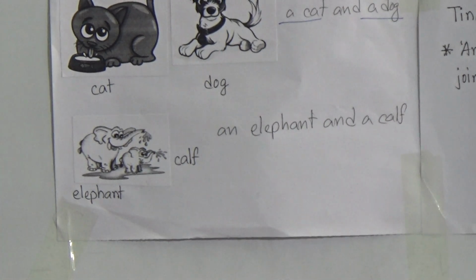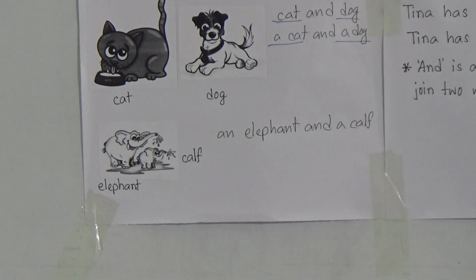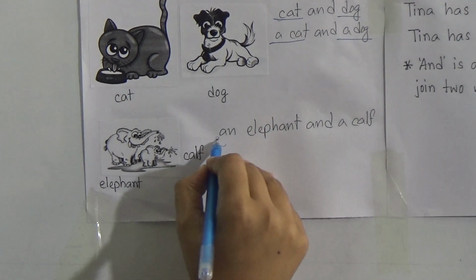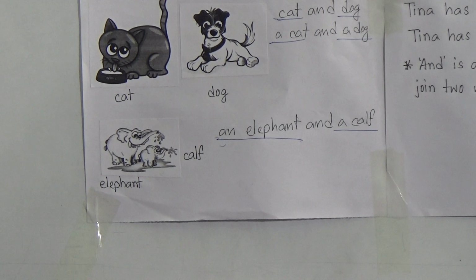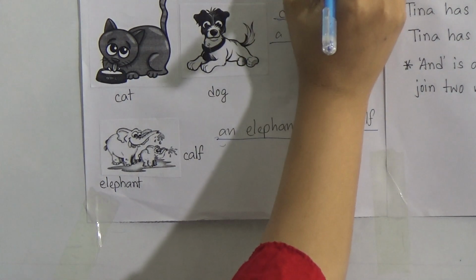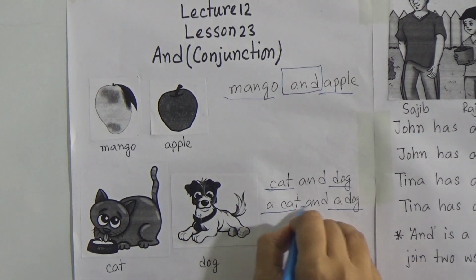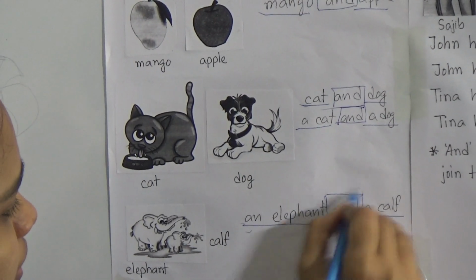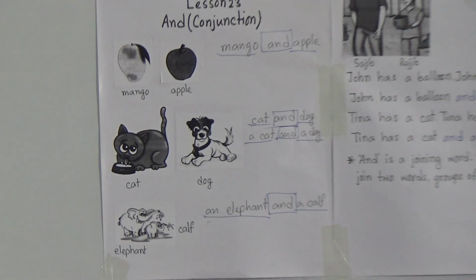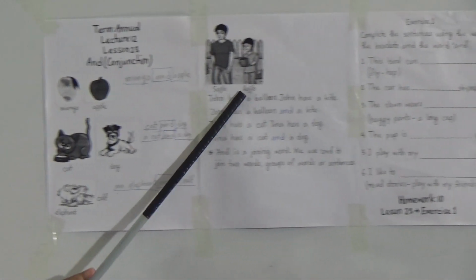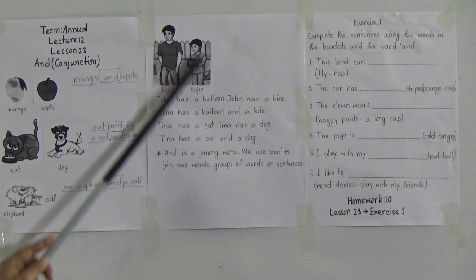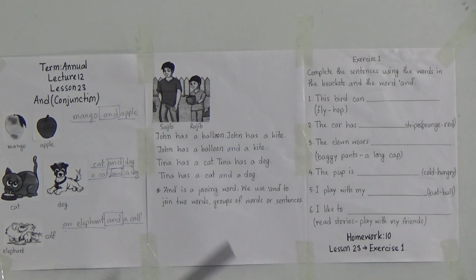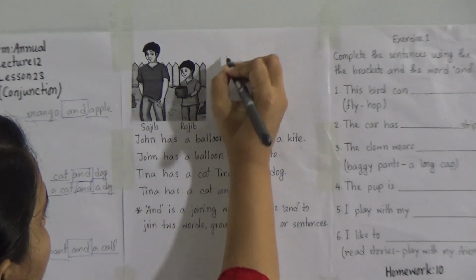So now look, we join the phrases here: an elephant and a calf, and we use "and" to join these words or phrases. Now look, now the next picture, Shajib and Rajiv. So there are two boys, we can also join Shajib and Rajiv.